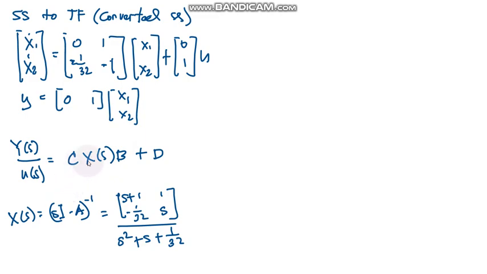And as we have solved already the X of s to be the inverse of the matrix sI minus A, and we have solved it already to be this, s plus 1, 1, negative 1 over 32, s, all over s squared plus s plus 1 over 32. So all we have to do now is to simply substitute all the matrices to our standard conversion formula.